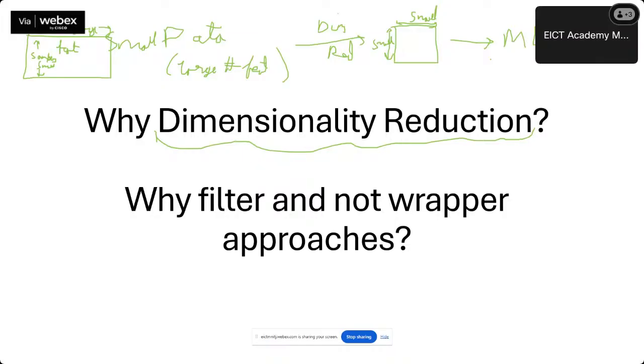That era came a lot later. So it made absolute sense that I want to reduce the training time and make the problem easier to learn, and therefore you'd apply this technique called dimensionality reduction.